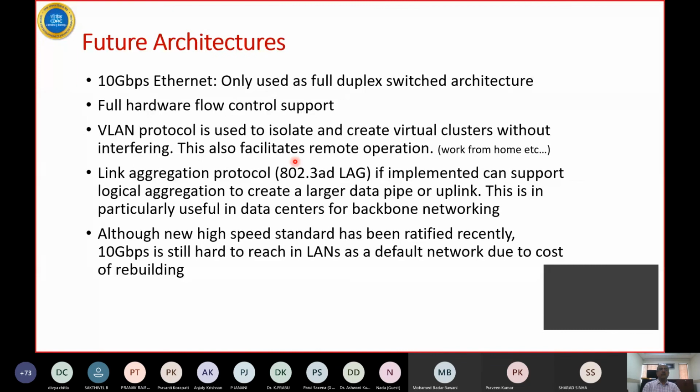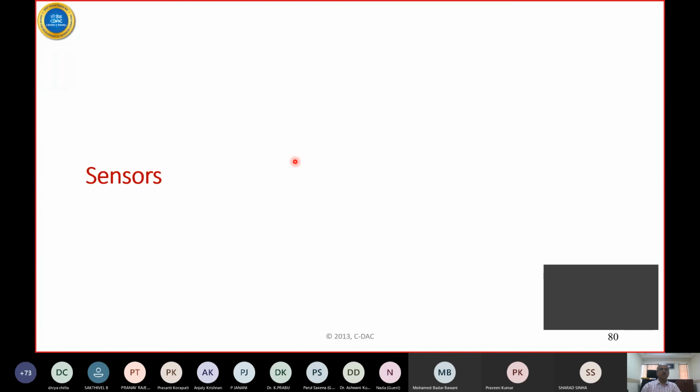But before finishing the description of Ethernet, I already told you we have gone from 10G up to 400G. And virtual LANs, again, I will not get into details. You can group the devices together in a switch and make them one logical connection.